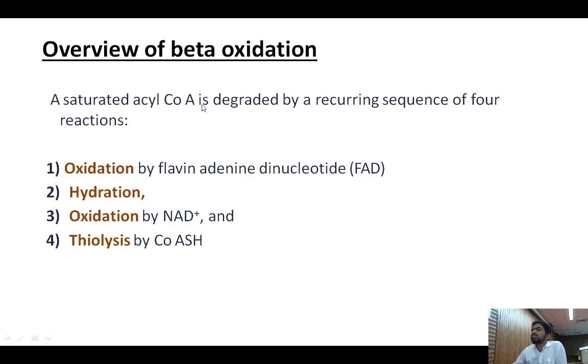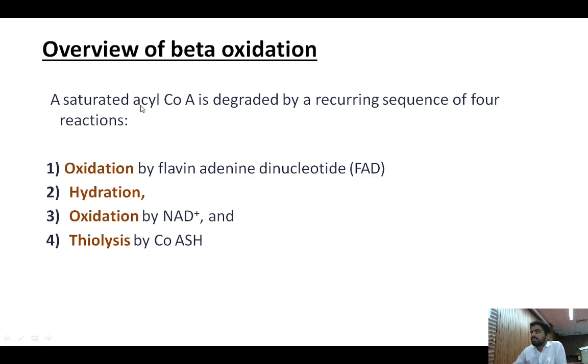So first activation into acyl coenzyme A, then oxidation where FAD will be required. So remember this, very simple. Then hydration, then again oxidation, but this time the cofactor required is NAD. Then thiolysis will happen with the help of coenzyme A-SH. Right.